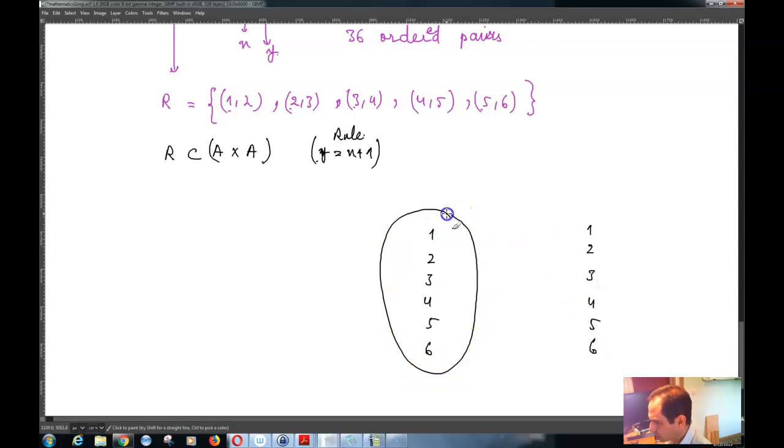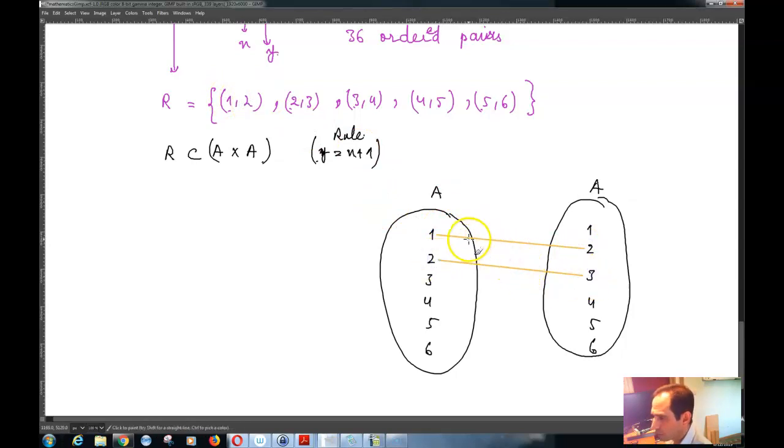Suppose that this is set A, and this is also set A. Then you have 1, 2, 2, 3, 3, 4, 4, 5, and 5, 6.